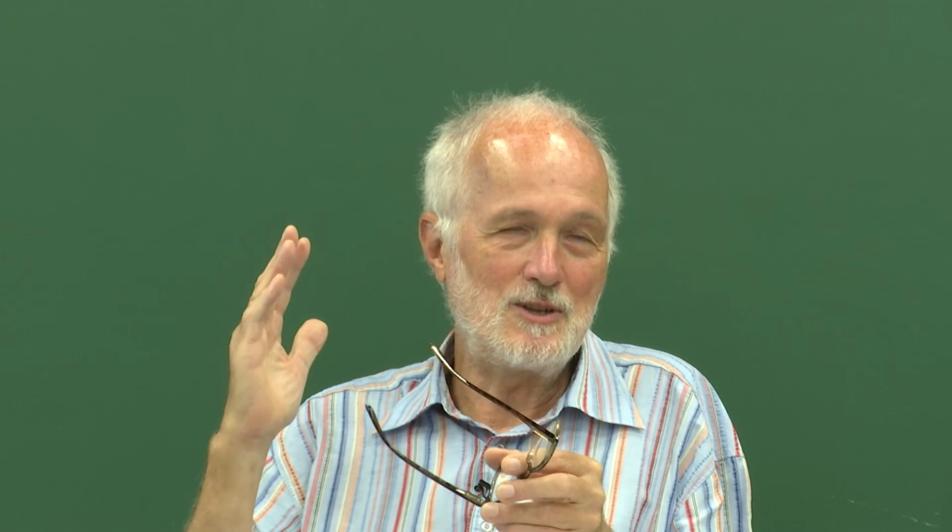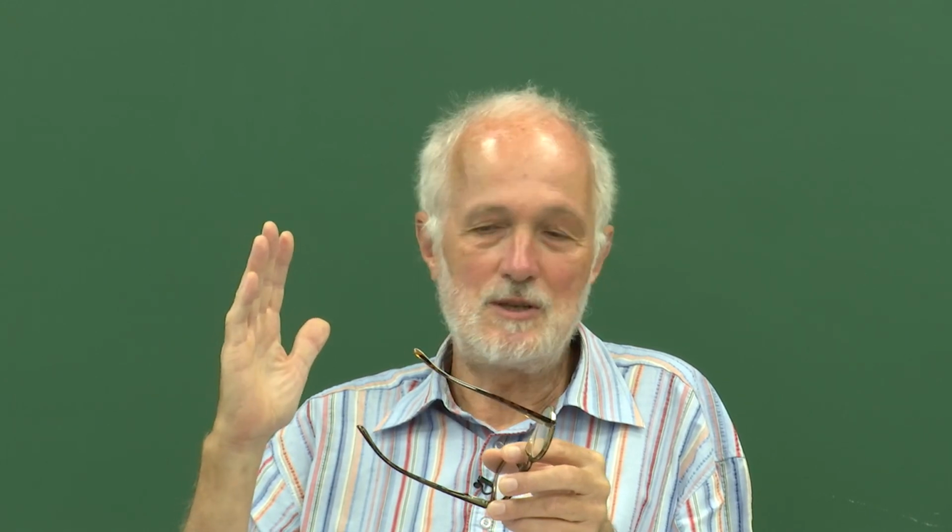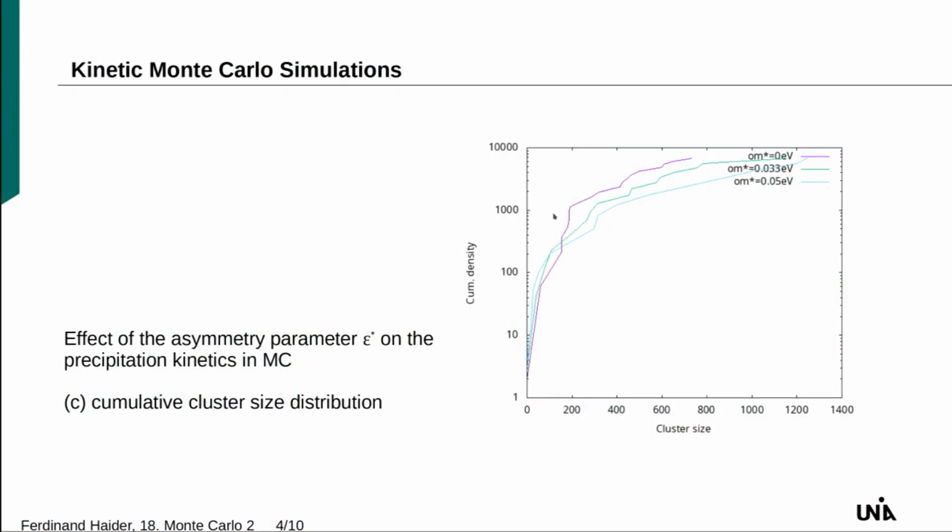You just count the number of atoms sitting in clusters, say with a size smaller or equal to 200. Yeah? So 1,000 of the B atoms are found in clusters of a size below 200. After a while you get used to this presentation.